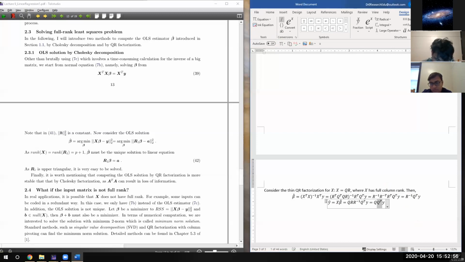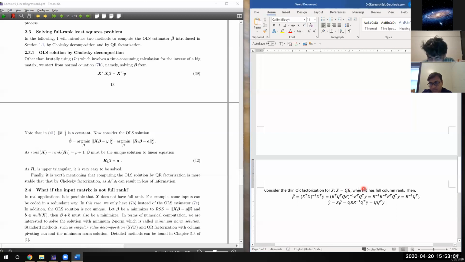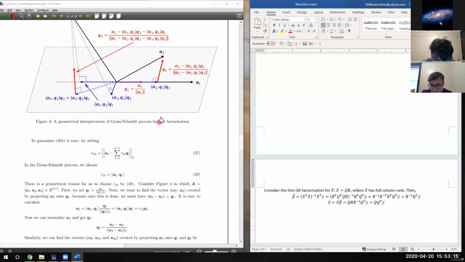And you may ask, hey, why not QQ^T equal to I? Because this is the thin QR factorization. This Q is not an orthogonal matrix. It's not square. So you only have Q^T Q equals I. Get the point? Check it here very clearly.